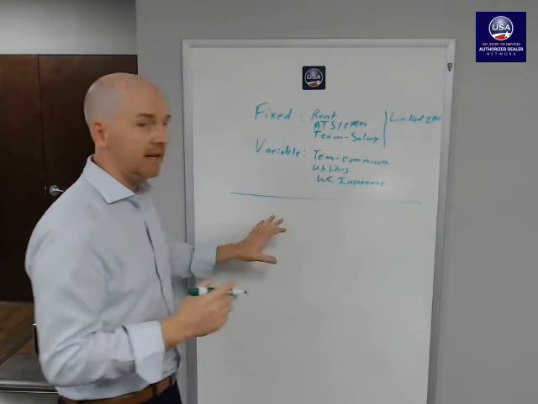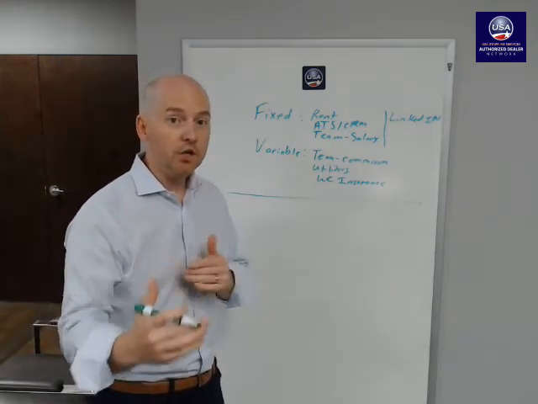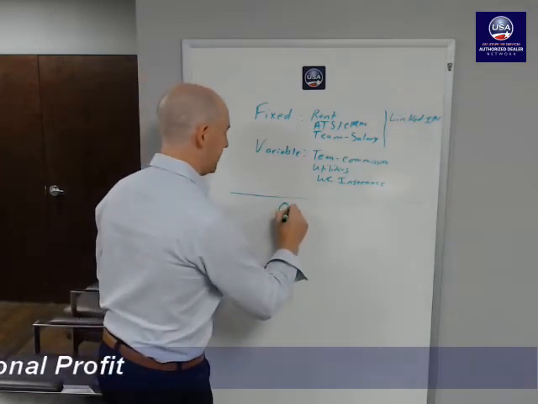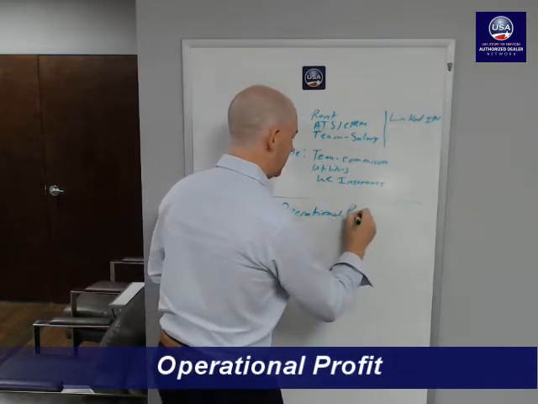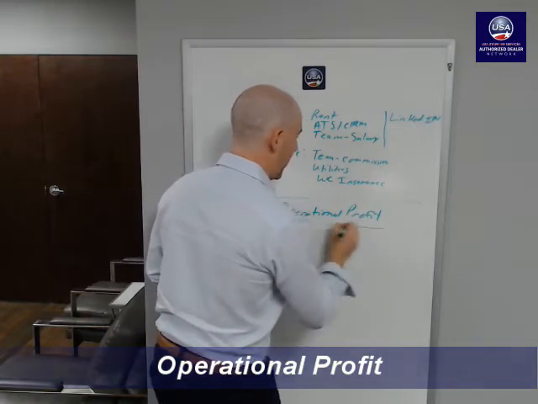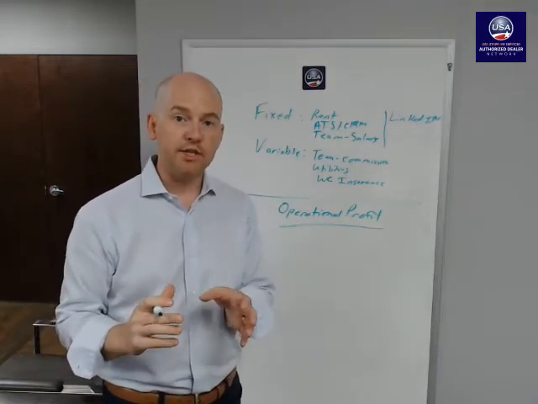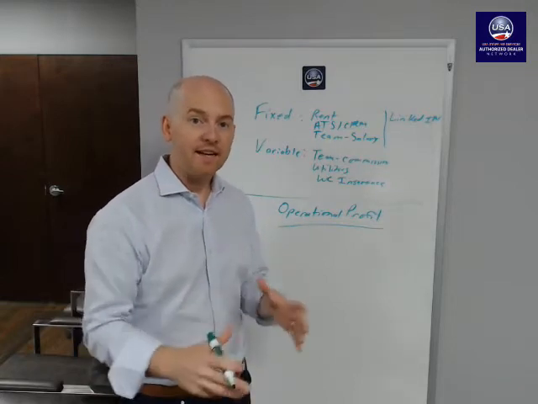So the first thing to think about is that revenue is a good number. It's a good goal to shoot for, but really you want operational profit. Operational profit oftentimes is the gross profit if you're a traditional staffing firm, or if you're one of our authorized dealers, it's the AD profit.